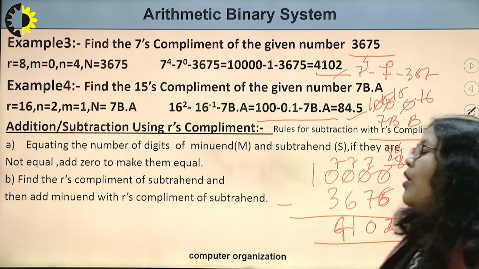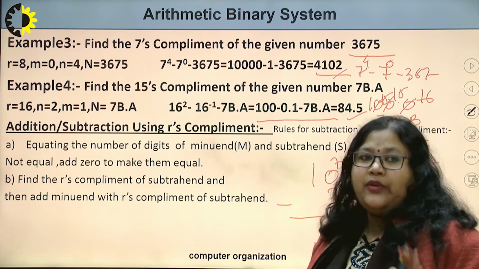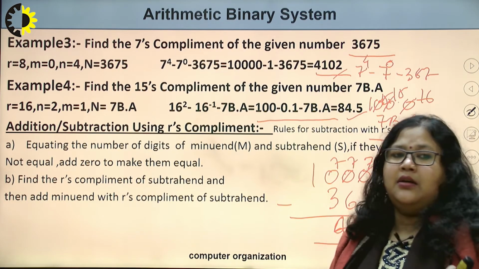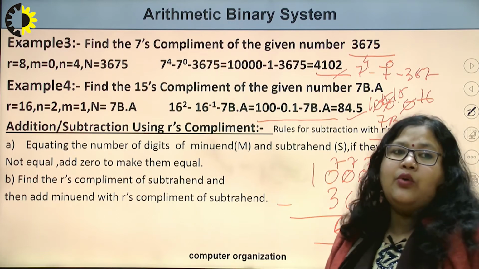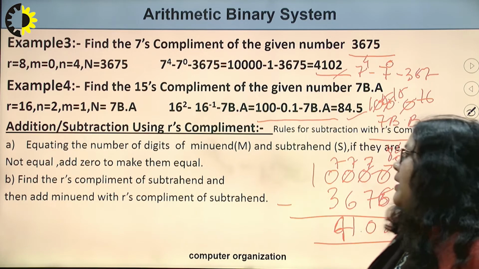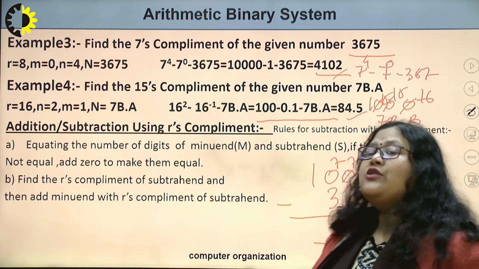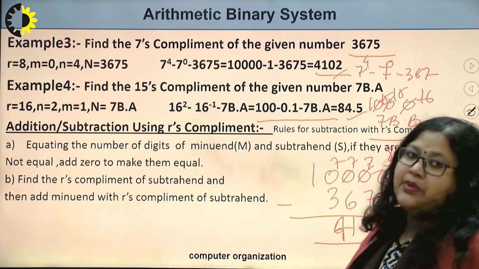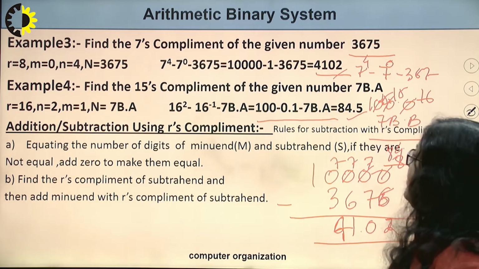Find the r's complement of the subtrahend part, not the minuend part. This applies for all the questions of subtraction with the r's complement. So first we take the r's complement of the subtrahend, then add the minuend with the r's complement of the subtrahend. These are the basic rules.